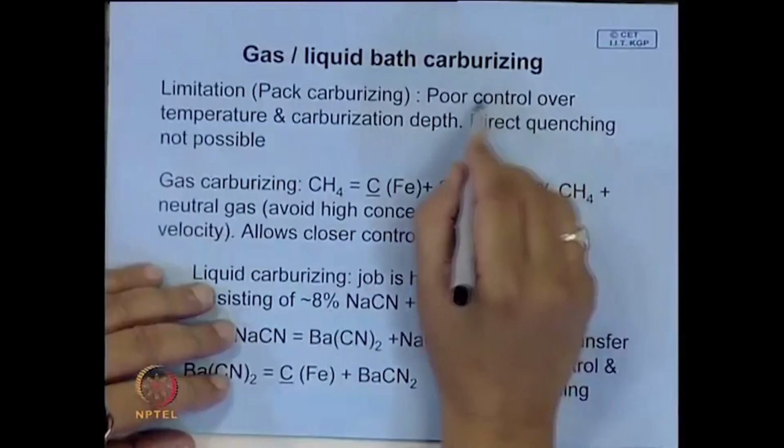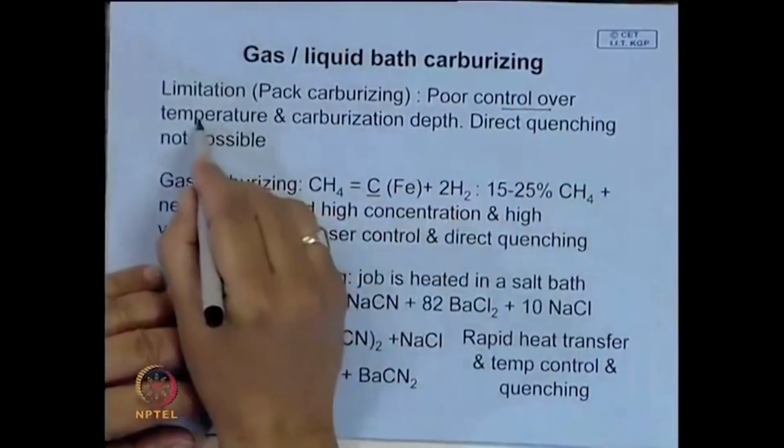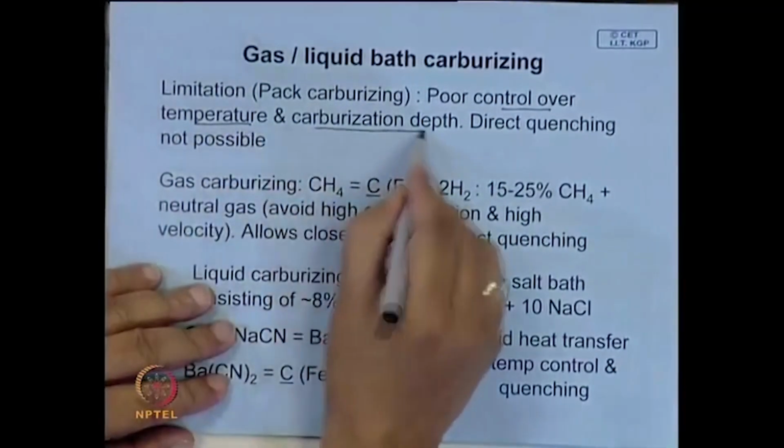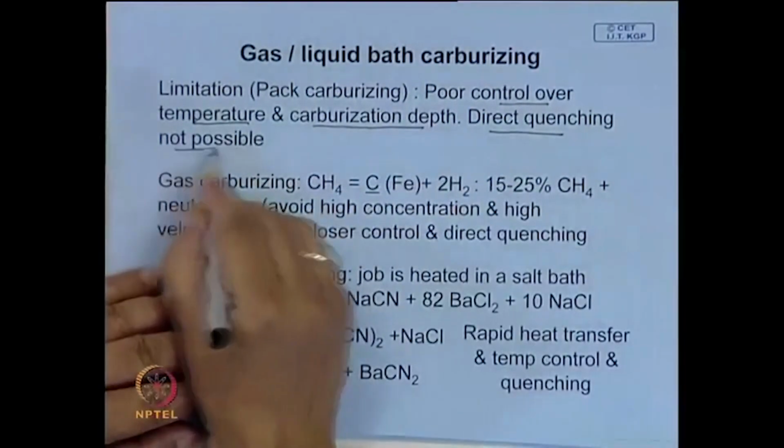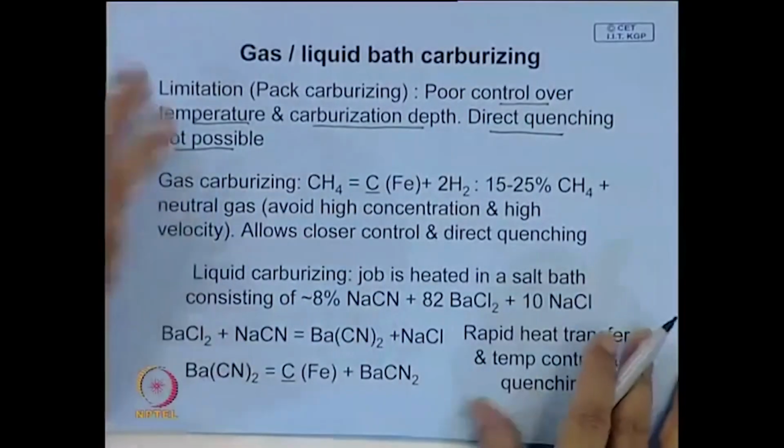So, this is a major limitation. Second, temperature control is also a major limitation. By pack carburizing, you have poor control over temperature and carburization depth, and direct quenching is not possible.